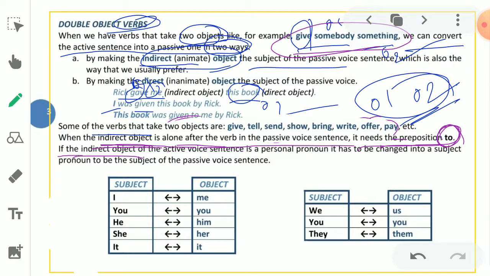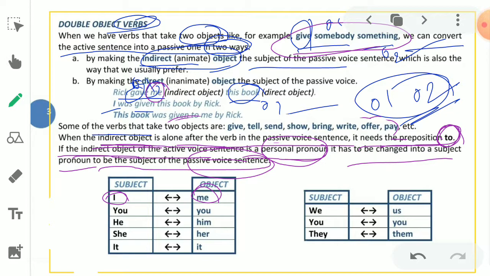If the indirect object of the active sentence is a personal pronoun, like me, it has to be changed into the subject pronoun, that is I, to be the subject of the passive sentence.